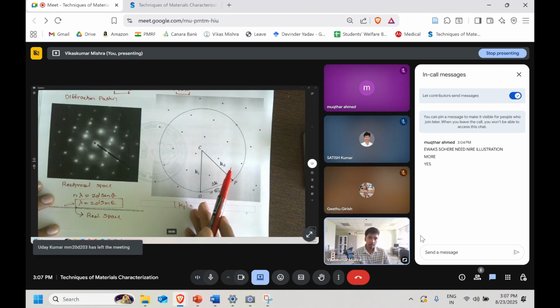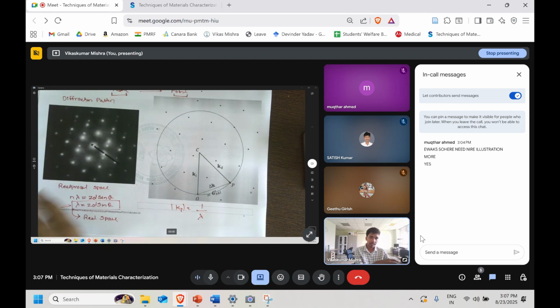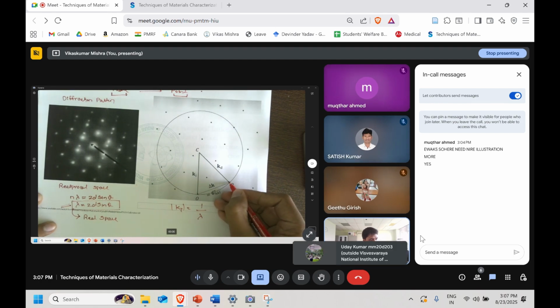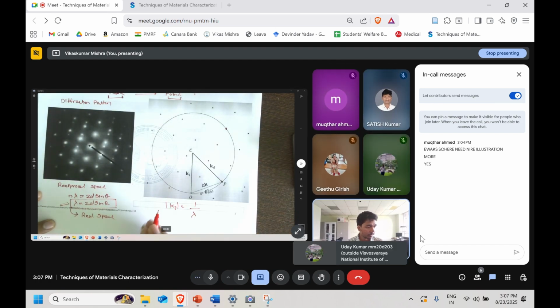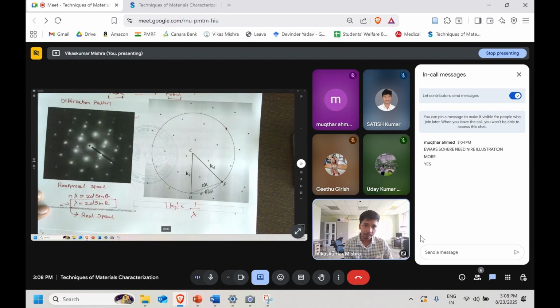It's not a circle, remember, it's a sphere. Since it's a sphere, it has 3 dimensions, covering the entire space. Whichever lattice points intersect this sphere will undergo diffraction, and those diffraction spots will be visible in our diffraction pattern.